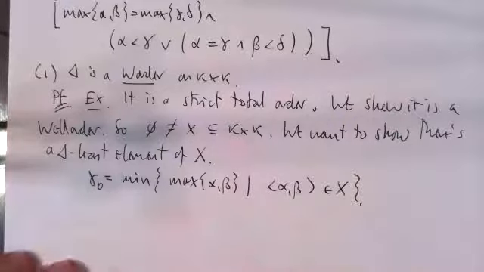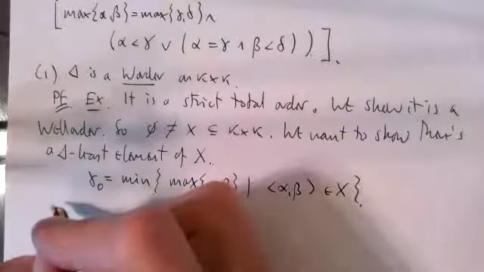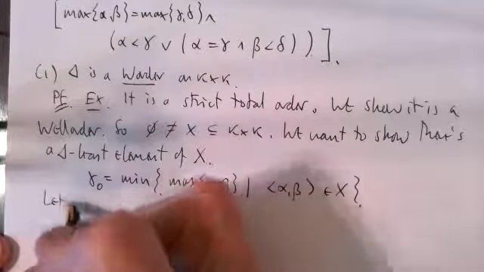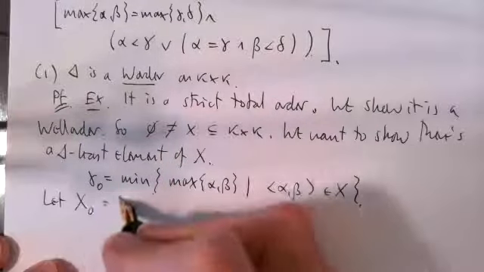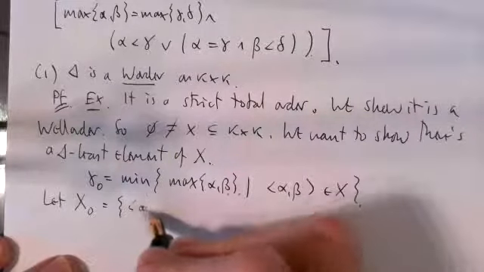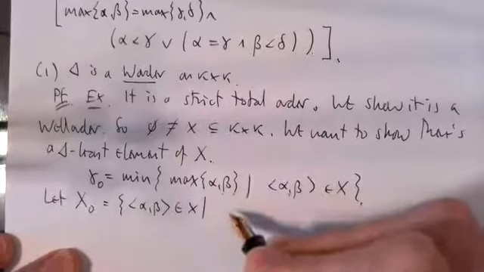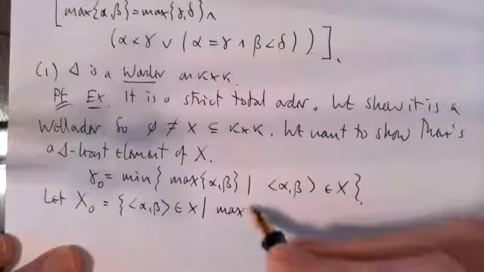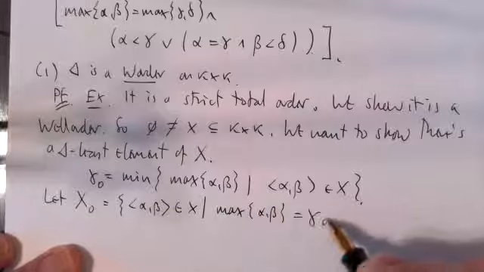Now I'll look at the things in X which have that least maximum. These are the alpha betas in X such that this maximum is this least value.